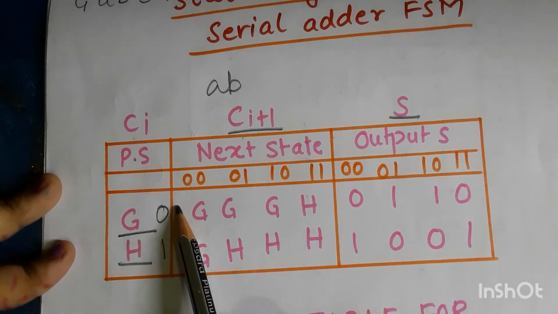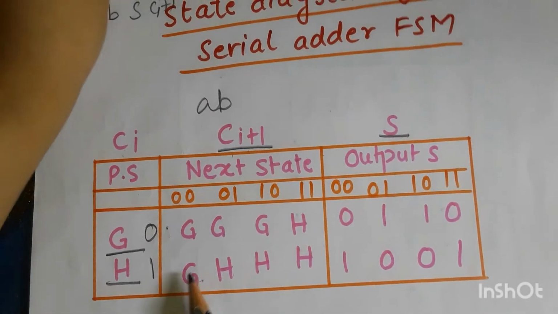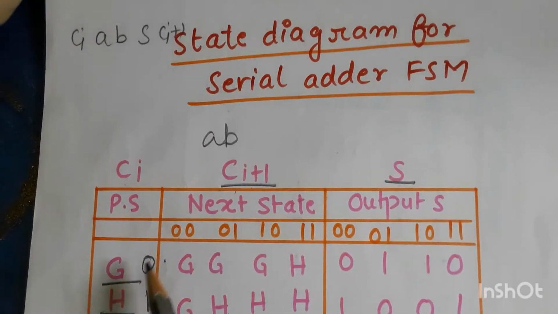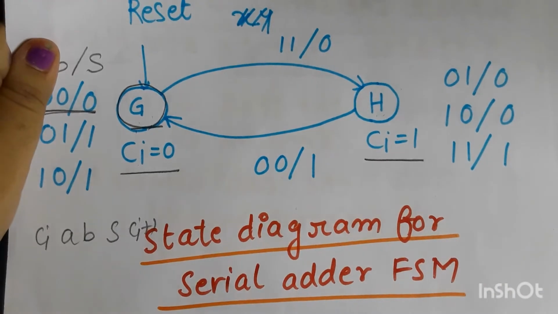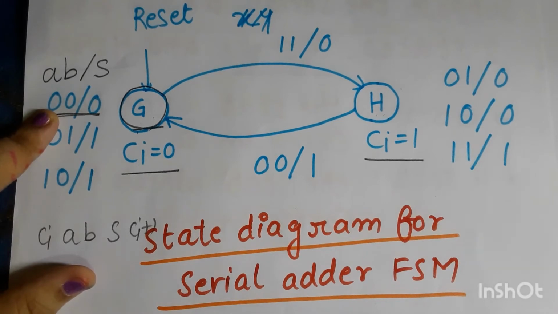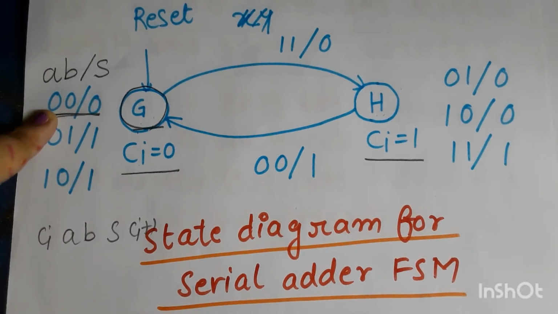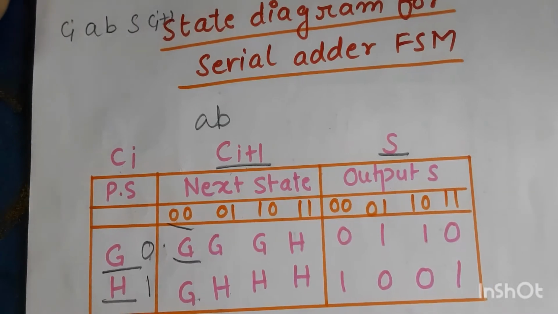So far, you understood when the transition will happen from the state diagram, no? We understood when the present state is 0 and AB is 0 0, if carry is 0, it would remain at 0.